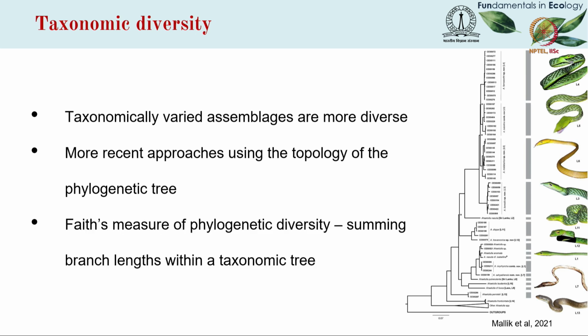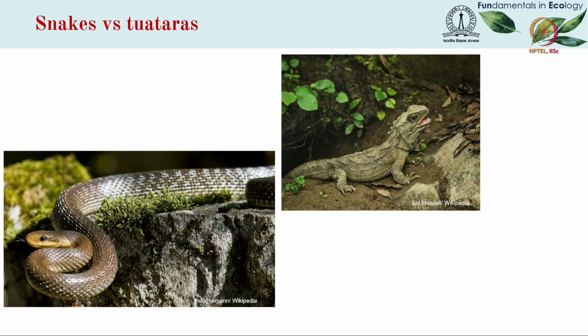Daniel Faith came up with a measure of phylogenetic diversity where he summed branch lengths within a taxonomic tree to examine variation in taxonomic diversity. At the broadest level, the principle is that a particular lineage, or what we might call a species, might be more or less unique than others.